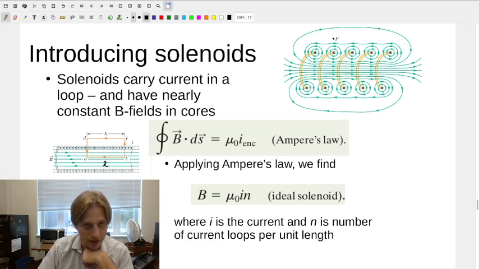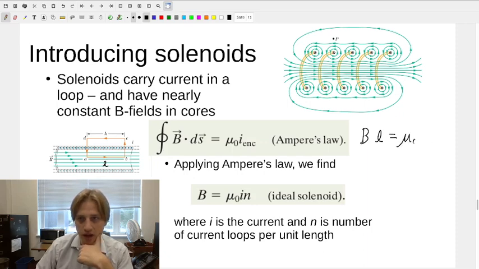Let's say that this has some length L. And so if there's a magnetic field B inside of that solenoid, the left-hand side of Ampere's law would just give us B times L equals mu naught times I enclosed.